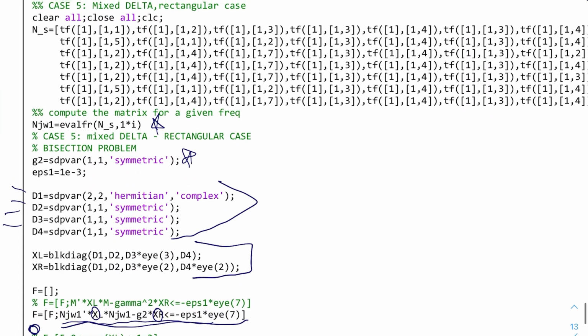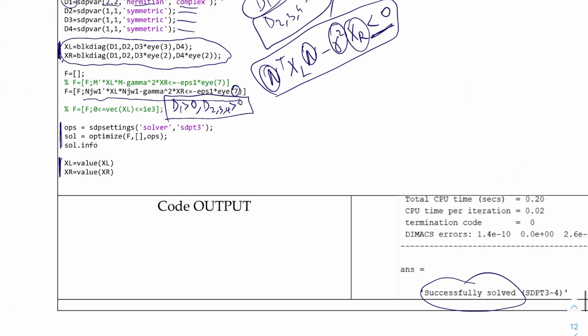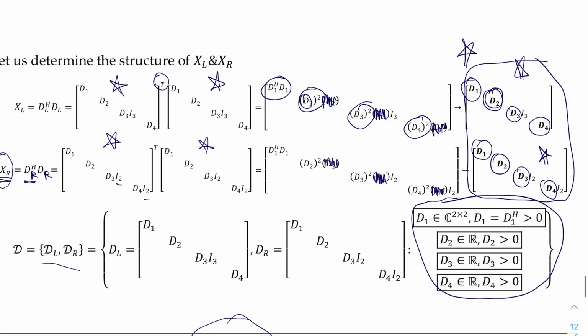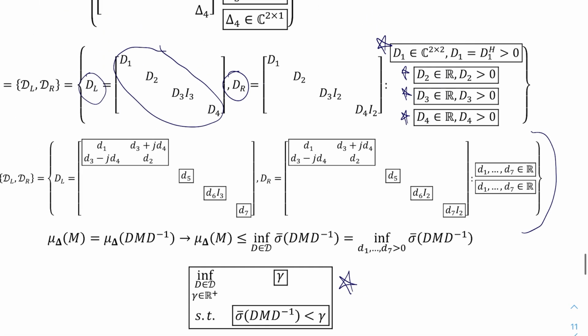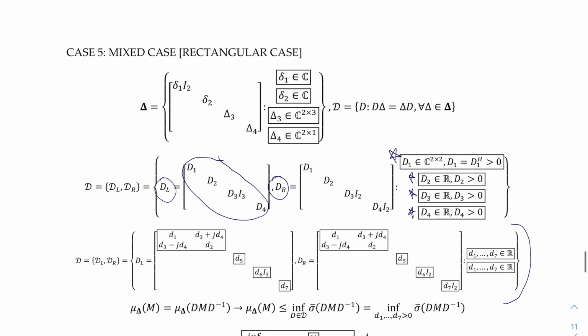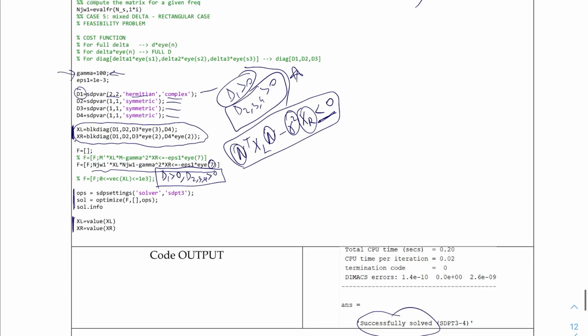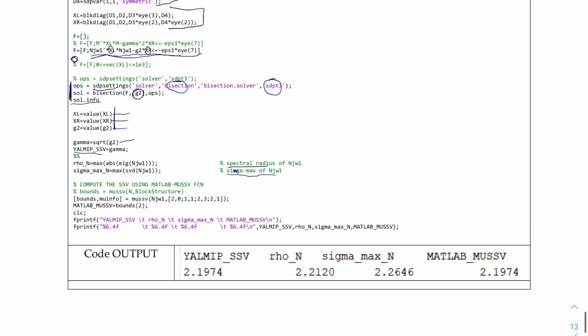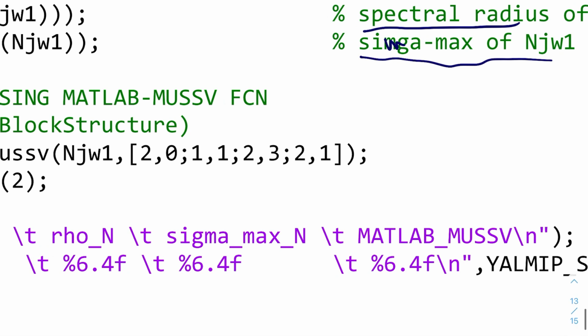Finally, what was our uncertainty structure? Yeah, this is our uncertainty structure: 2 by 2 repeated scalar, repeated diagonal, then scalar, then 2 by 3, and then 2 by 1 full uncertainty.